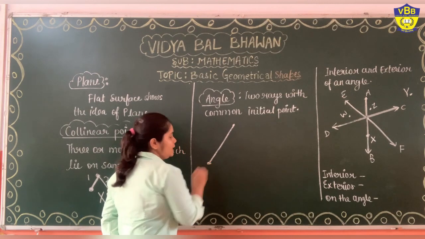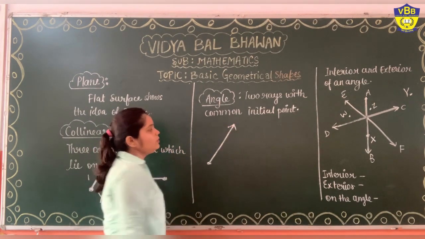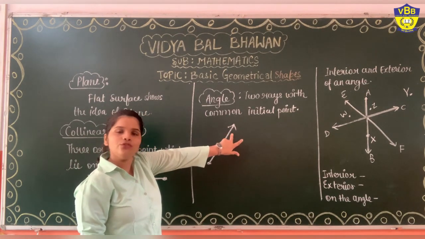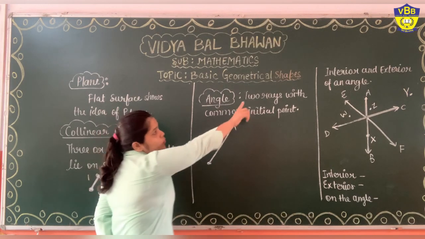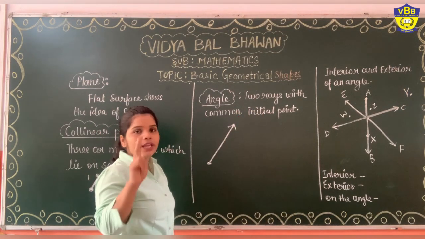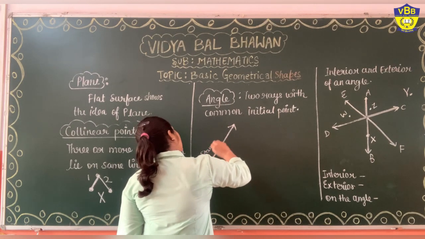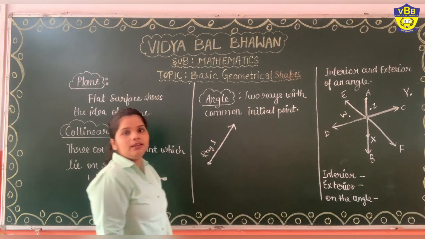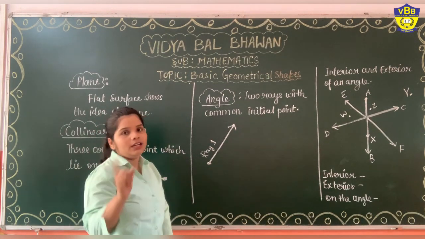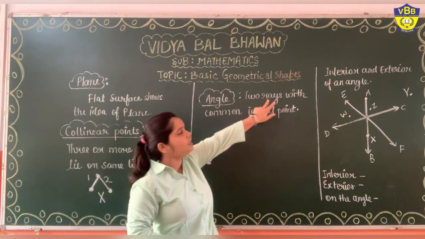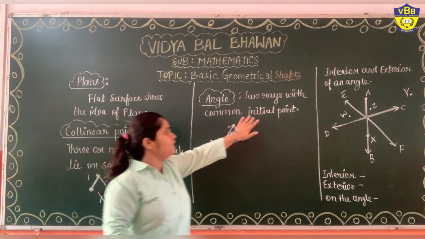This is the end point, and here is the arrow. That means I can extend it from this side as much as I want. This is ray number 1. Now draw ray number 2, but with the condition that both rays must have the same or common initial point.